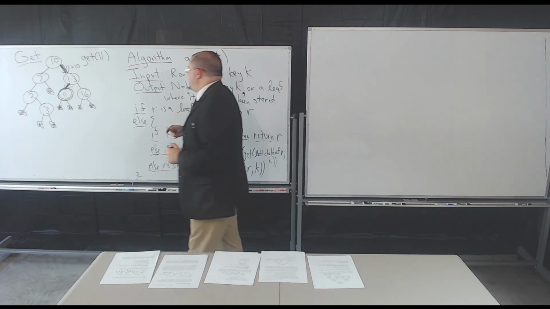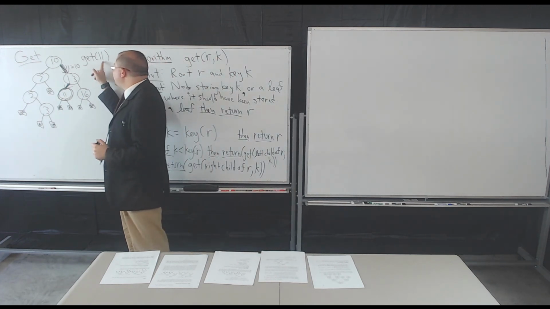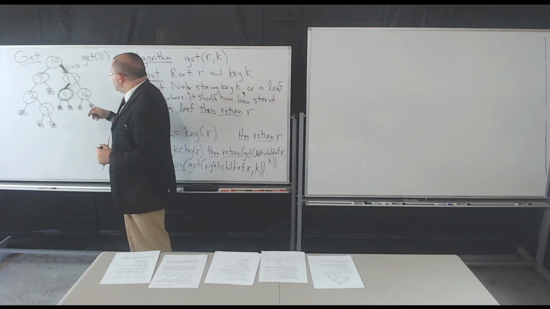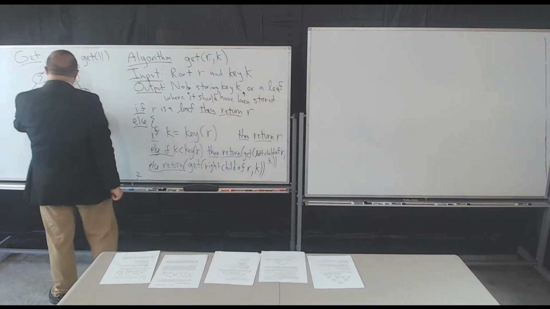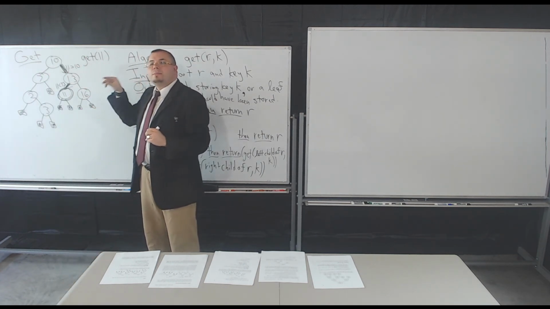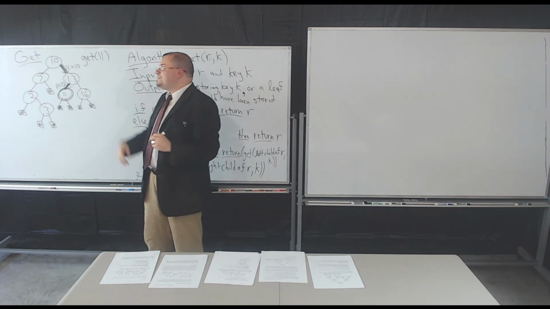So if I have a number here that's bigger than 10, where do I go? I go right. 13. Is 13 bigger than 11 or is it less than 11? Well, we know that 11 is less than 13. So you use these comparisons to determine if you go right or left, but if you get a match, you return that.